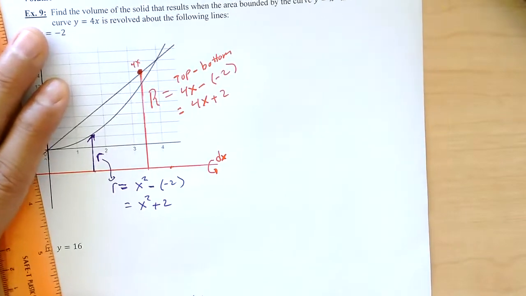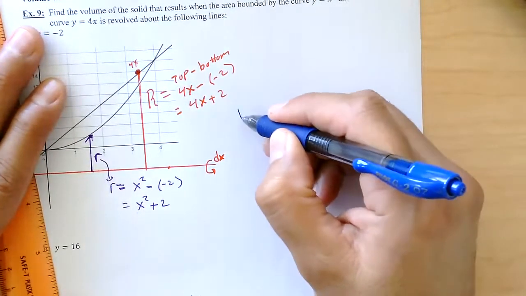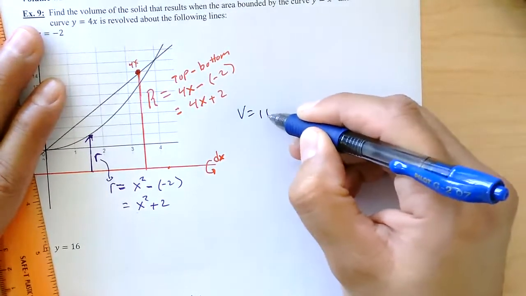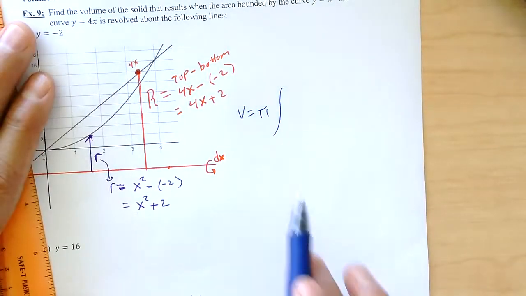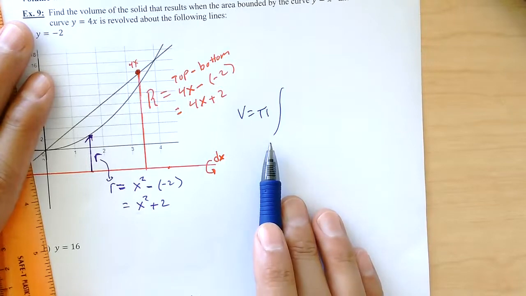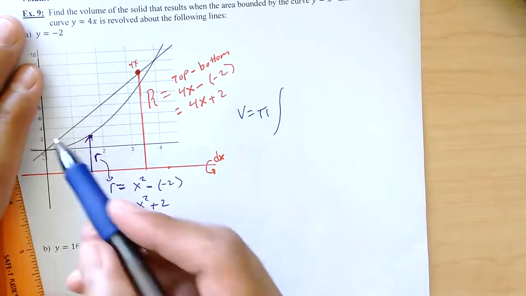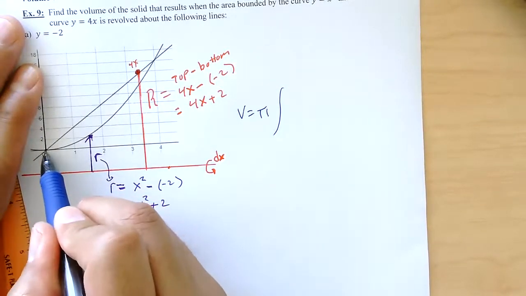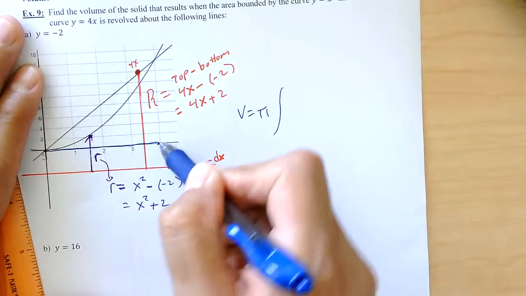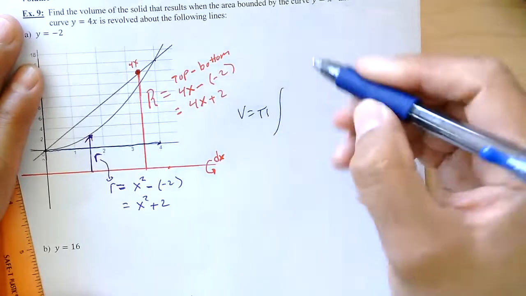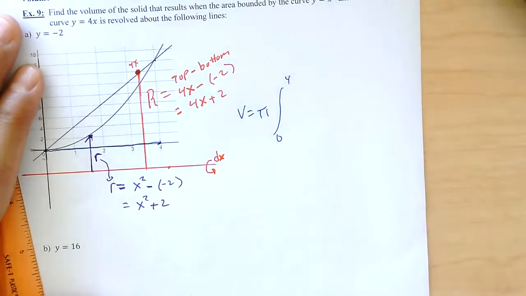So when I set up my integral, volume will equal pi integral. Now remember that we are in x's in dx. So the limits are going to go from 0. I go to the x's over here. That point right there where they met was 4. So part A, I'm going from 0 to 4.